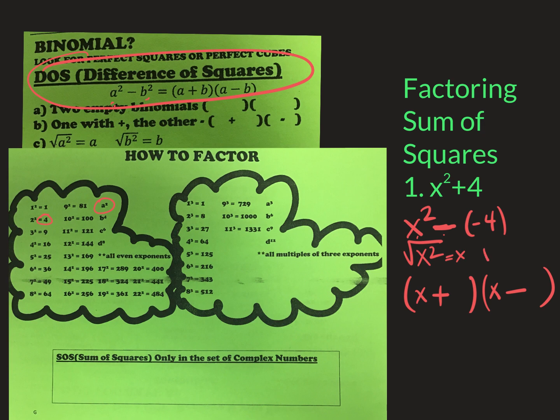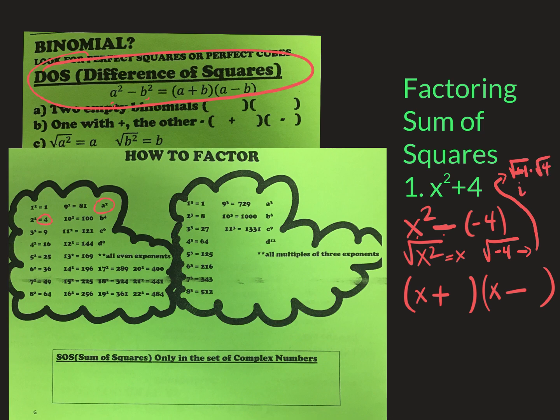And now I'm going to take the square root of negative 4. Up until the lesson that we just completed, we would say that we cannot take the square root of negative 4. But since completing that lesson before this one, you know that you should rewrite this as the square root of negative 1 times the square root of 4.